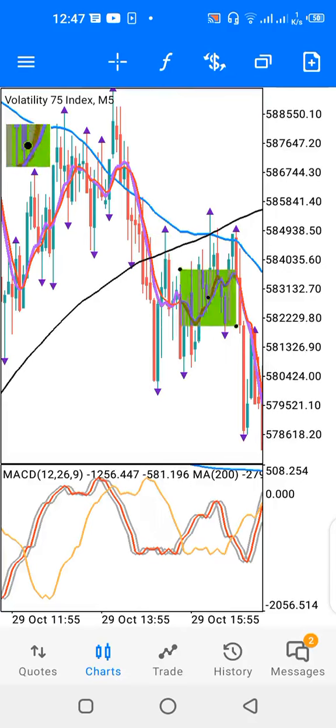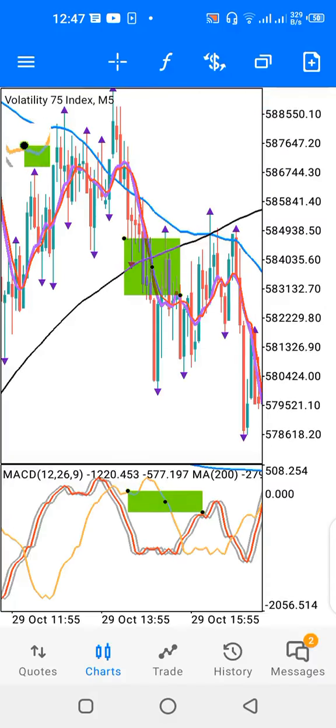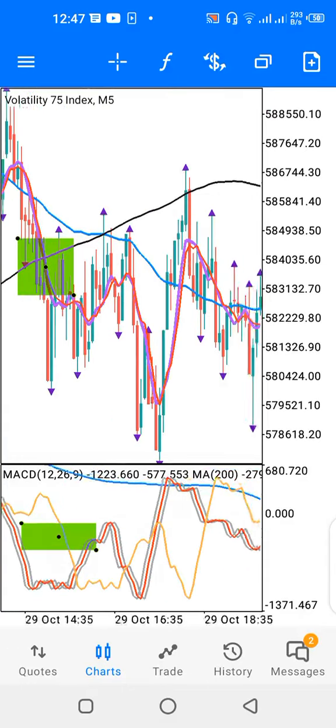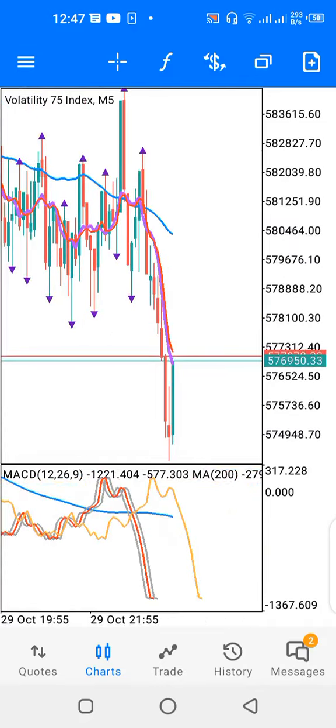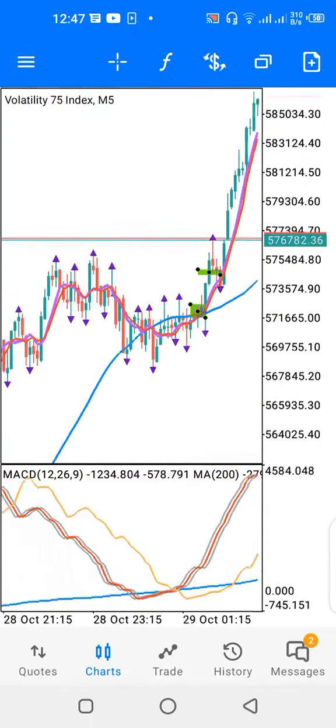Confirmation is when you have the formation of 3 red candles below the crossover, and then on the indicator window one, all the moving averages are below the blue moving average, and they are clear from the blue moving average. That's a clear sell signal. Also, let's look at where we can have a buy signal on the 5 minutes time frame. Okay, this is a buy signal.